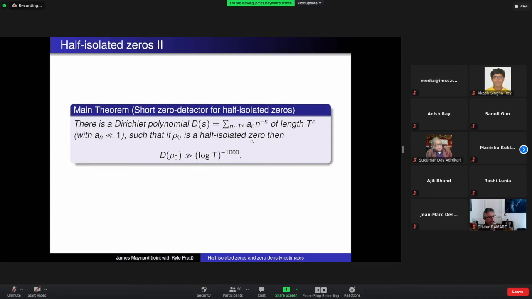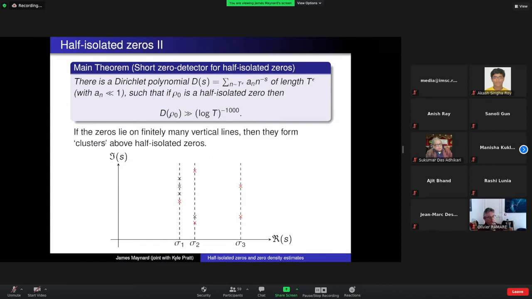And the reason that this half isolated zero detector then gives various nice consequences if you assume that the zeros lie on finitely many vertical lines is because we start to get some fairly good distributional information about the vertical distribution of zeros of the zeta function.